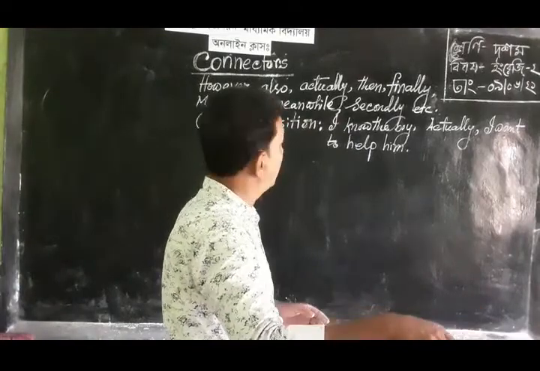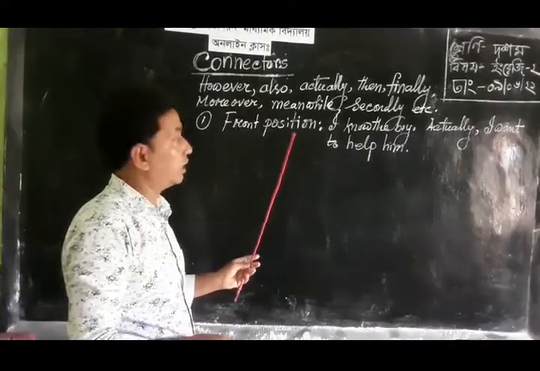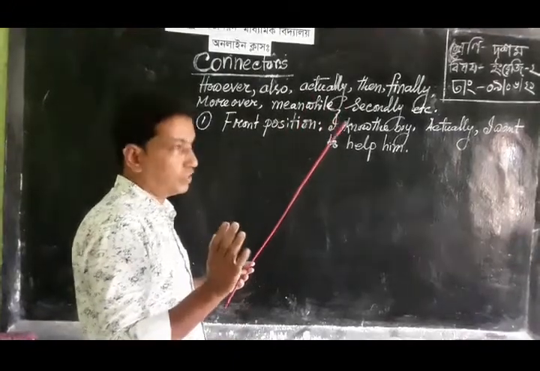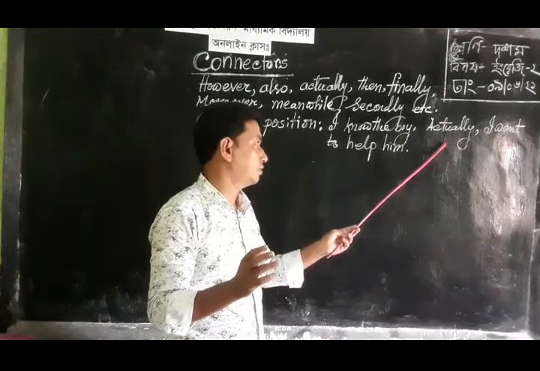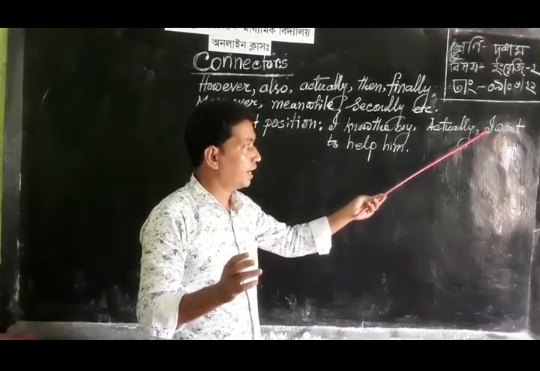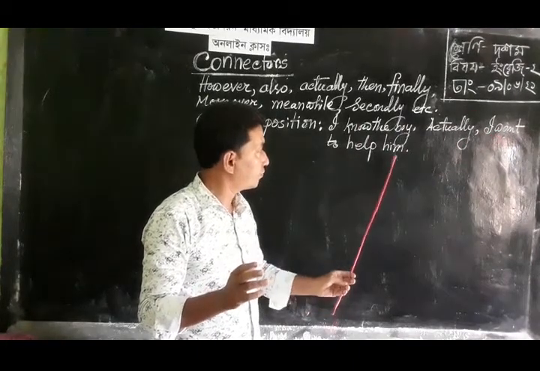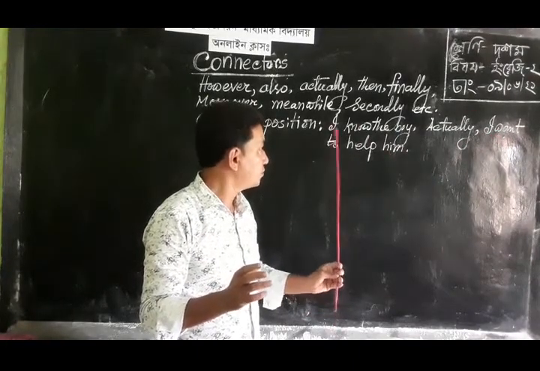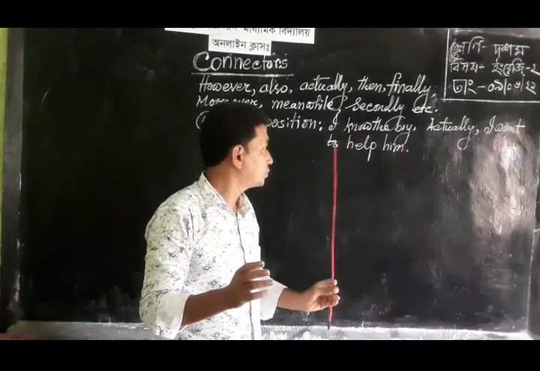Look at the example, front position, because the connector must sit before starting the sentence, because the sentence starts with the subject I. I want to help him. This is also a sentence. I know the boy. Actually, I want to help him.